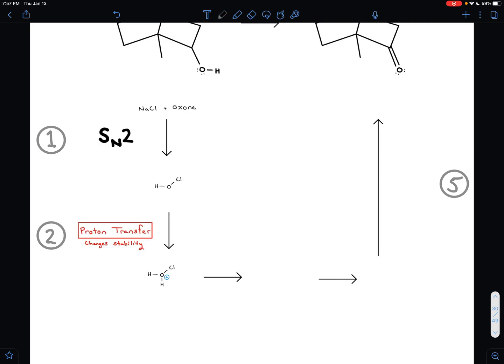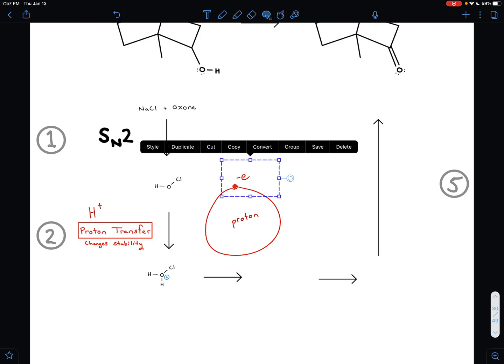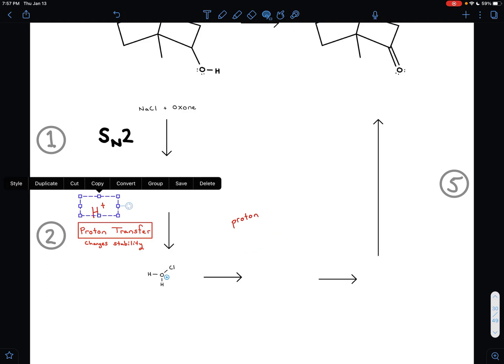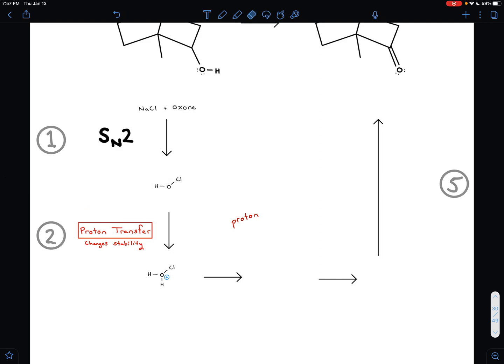An H plus is really just a proton. Hydrogen only has one proton in its nucleus. So a hydrogen atom is just a proton with an electron going around it. If you take the electron away, all hydrogen is a proton. So when you move an H plus around, you're really just moving a proton around. That's called a proton transfer.